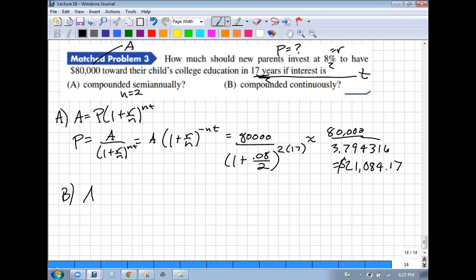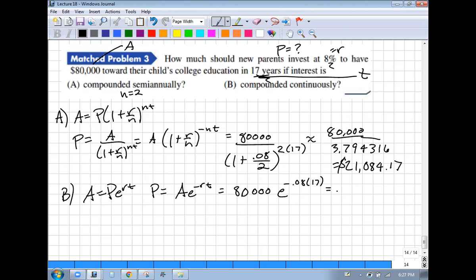A equals P e to the RT. So P is A e to the minus RT. Because I have an e to the X button, I can actually do this with a simple calculator. I got 80,000 e to the minus 0.08 times 17.